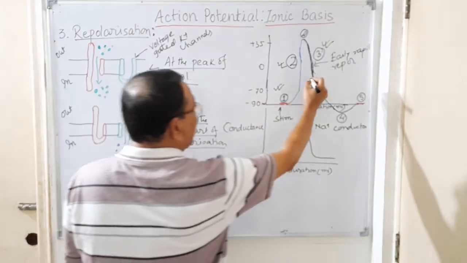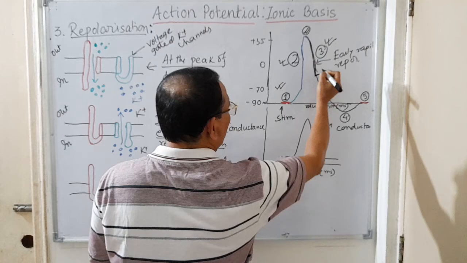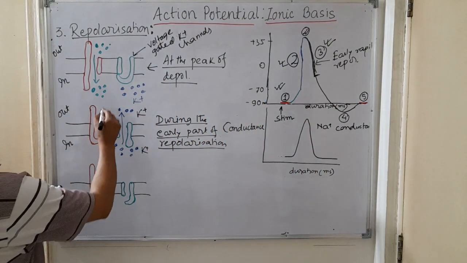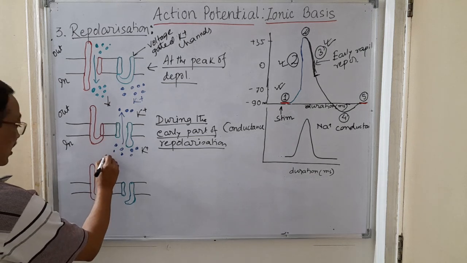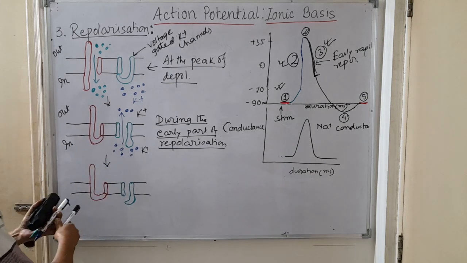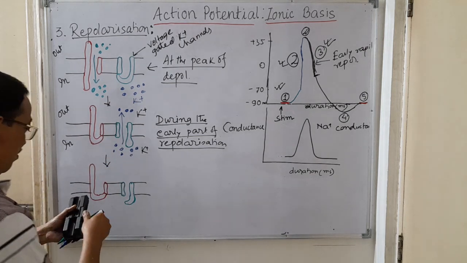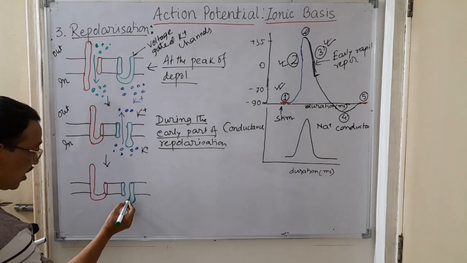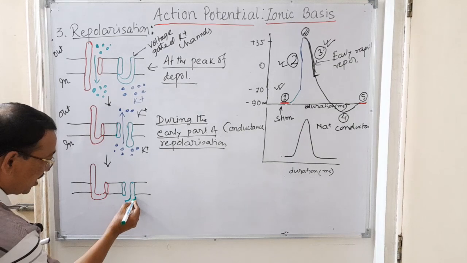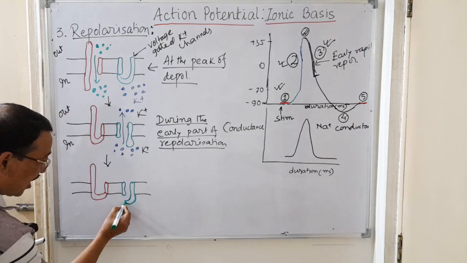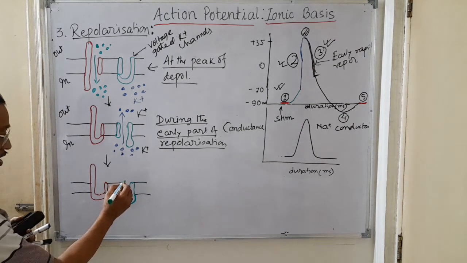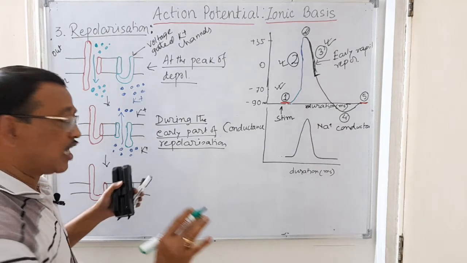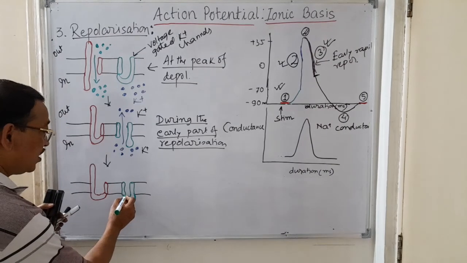Now what's happened at this particular level? So this is this one, and in the next stage, what's happened? The gate of the voltage gated potassium channel starts closing. Here you see the gate has started to close, but is not fully closed. Still some opening is there.